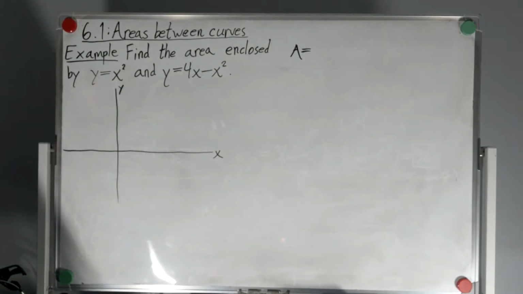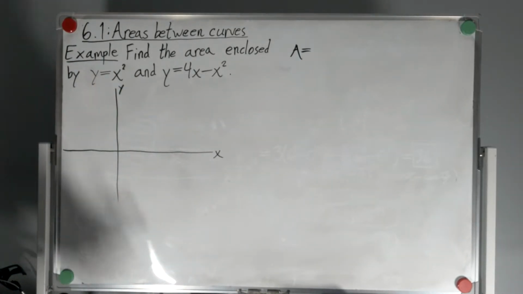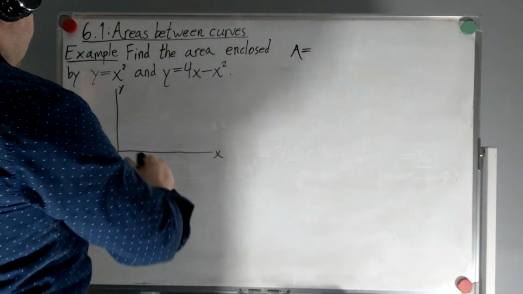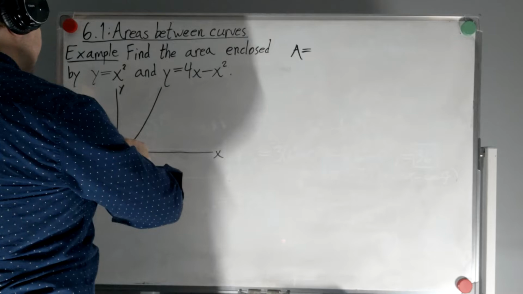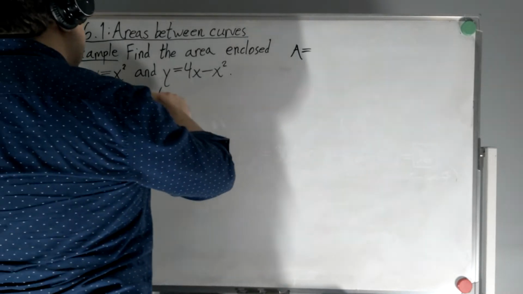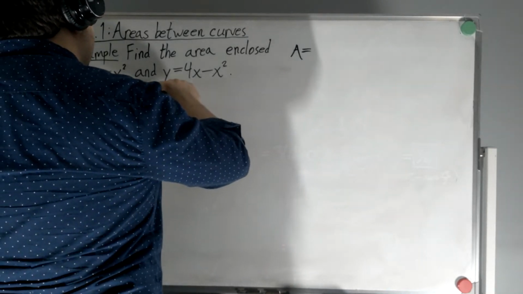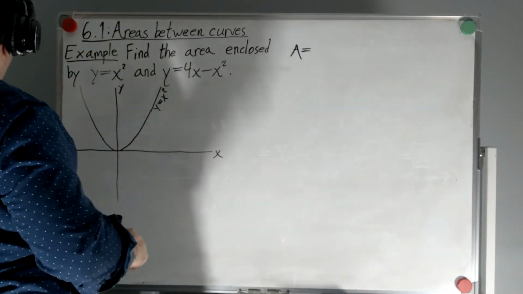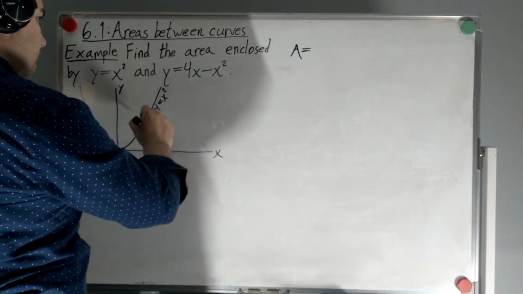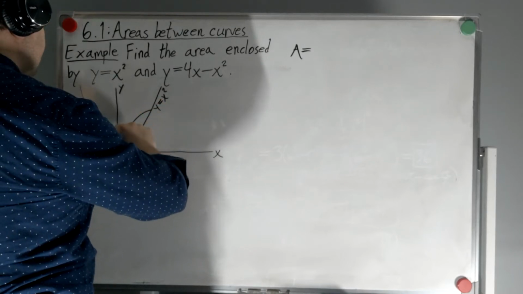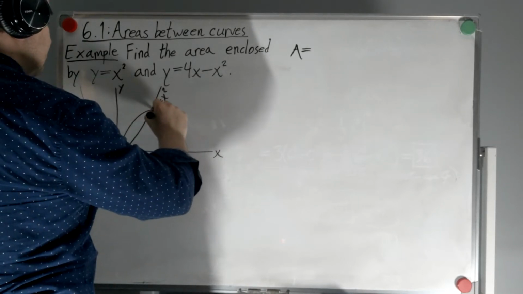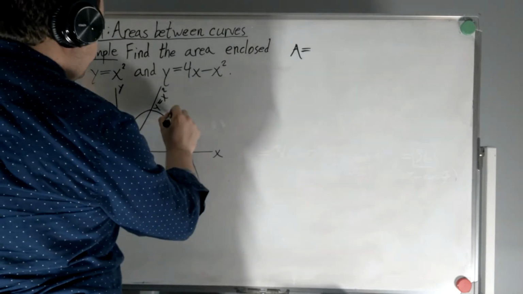And as always, a more precise diagram is found in my notes, but I will just draw a sketch. So here is y equals x squared. And then y equals 4x minus x squared kind of looks like that.